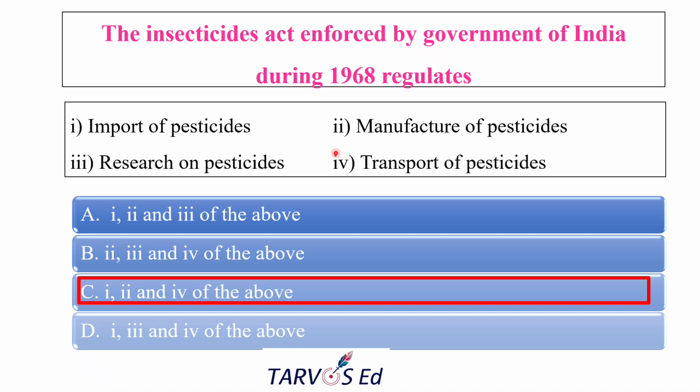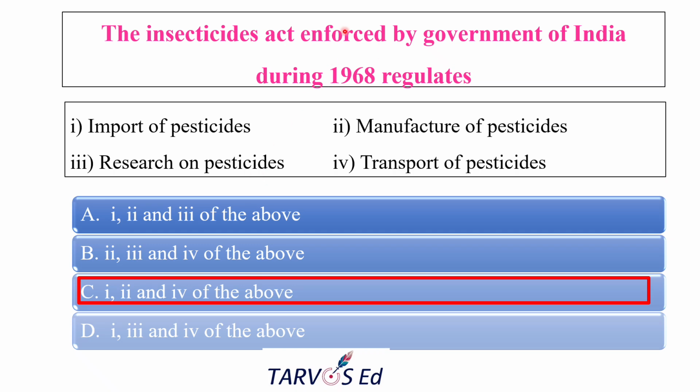What are they? Import, manufacture, sale, transport, distribution, and use of insecticides. If these six are given as options, you can opt for them. But here, they have given research on pesticides, which is totally irrelevant to the Insecticide Act.